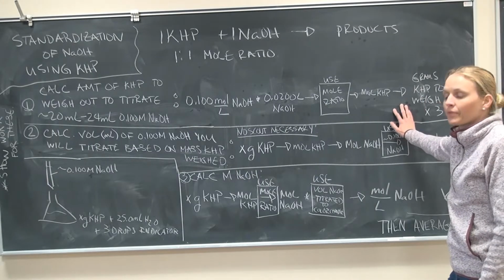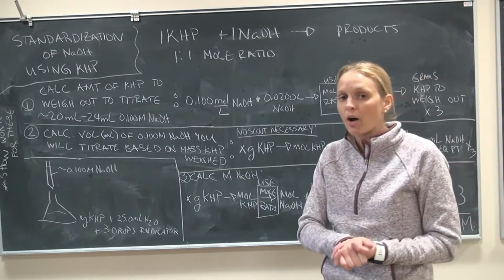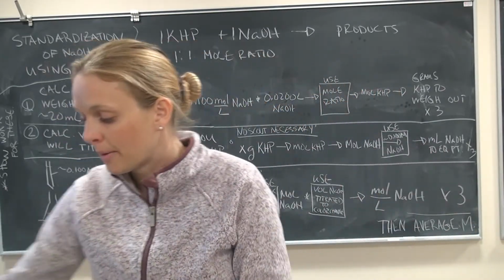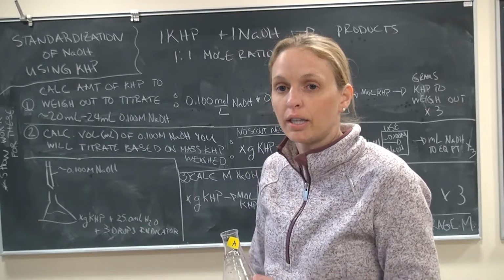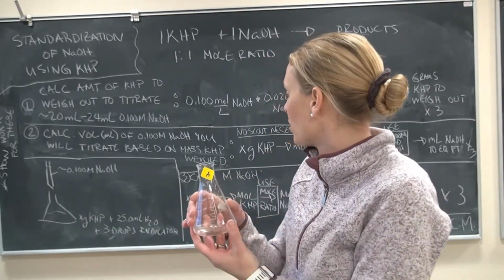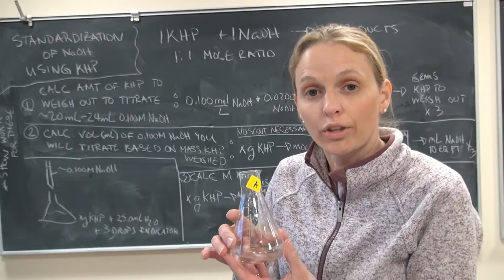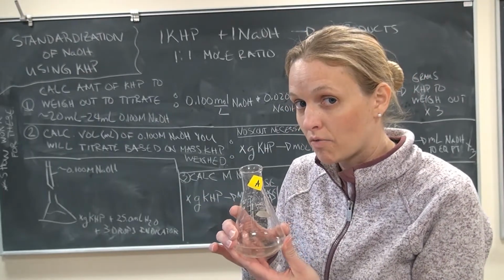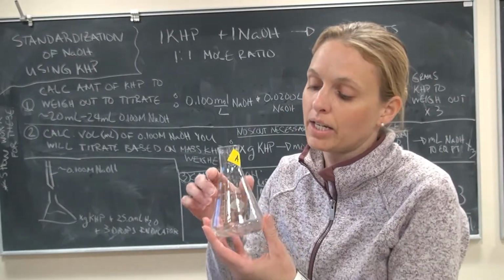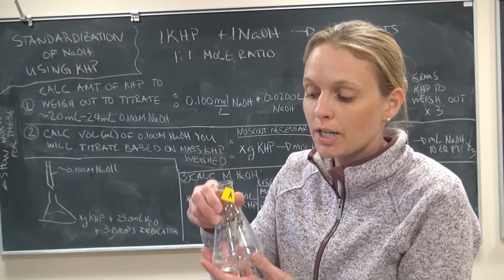Okay, so we got that. The next step is I have then weighed out the masses of KHP, and I put them, like I described earlier, in the bottom left-hand corner of the board. I put the mass in the flask. I went ahead and measured 25 mils of water with a graduated cylinder, so that would be 25.0 that we would record in our notebook, and then 3 drops of phenolphthalein in here, and dissolved all of the KHP.